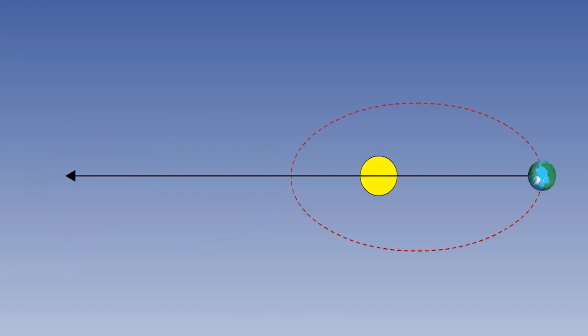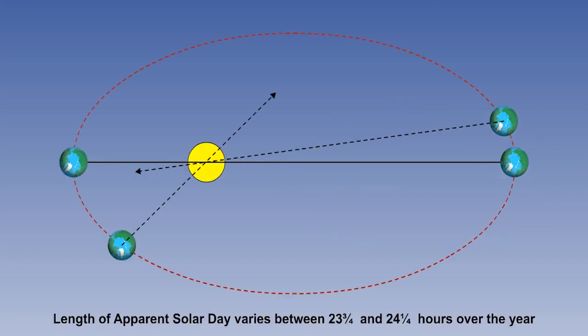Now imagine the same situation somewhere near aphelion. The Earth would also have to rotate more than 360 degrees with respect to space in order to point back at the Sun. But because the orbital speed is slower, the time between successive solar transits is less than at perihelion. This difference in the length of an apparent solar day between perihelion and aphelion is half an hour.